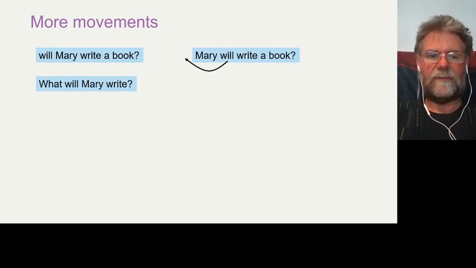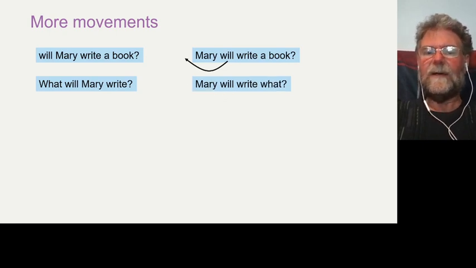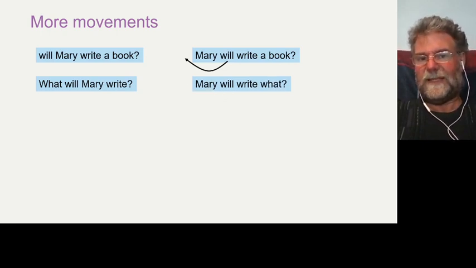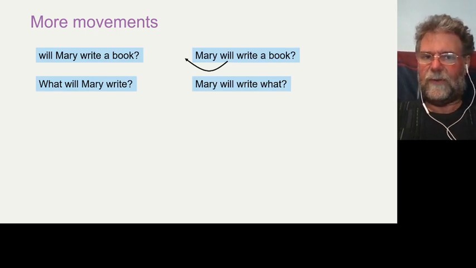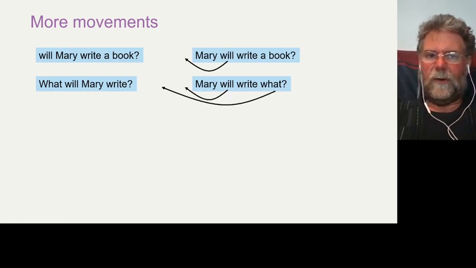So that what relates to the object, not an object position, and therefore we can assume that what's happened is that it's moved. That is, we start off with the what as the object of write, we start off with will in the inflection position, and then what happens is they move. The what moves to the very front of the sentence, and the will inverts with the subject to the other side.